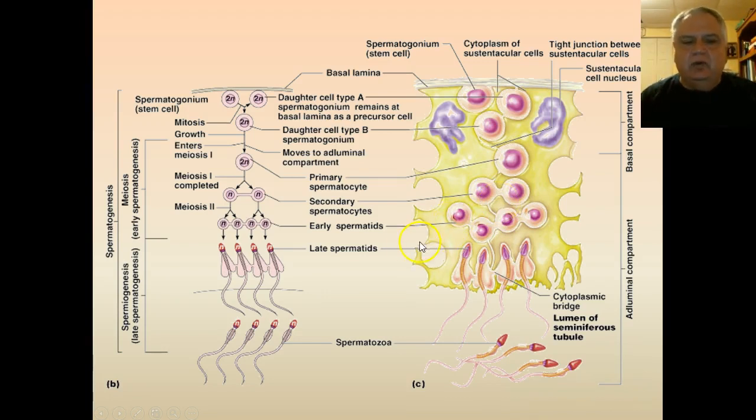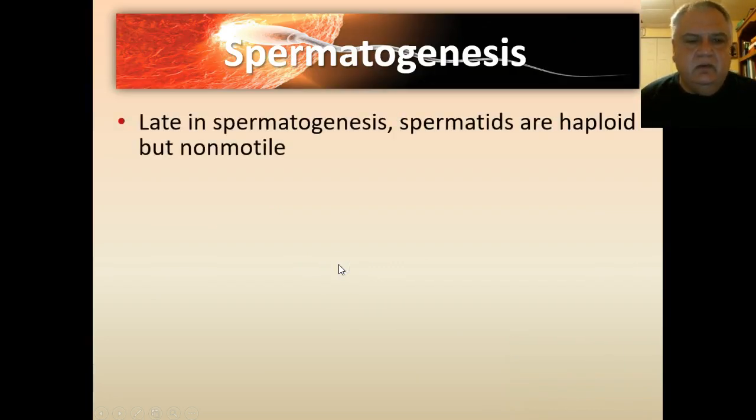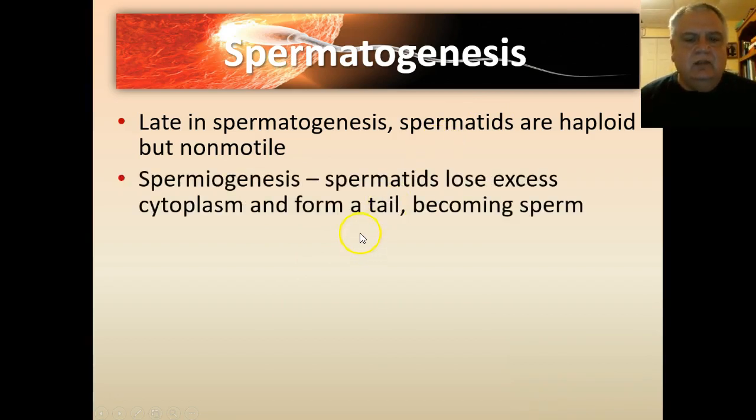Now, what's going to happen is these early spermatids will start to undergo maturation to become late spermatids. And that takes us to the next part of the process. Late in spermatogenesis, these spermatids are now haploid, but they're non-motile. They're going to have to be matured, and they're going to have to become active, motile sperm. This happens in a process called spermiogenesis.